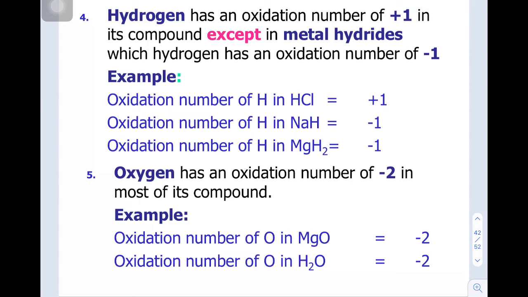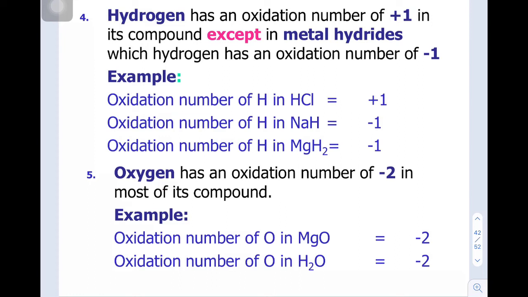However, if we have sodium hydride, with sodium metal attached to the hydrogen, the oxidation number of this hydrogen is now -1. The same goes for magnesium hydride, MgH2. The oxidation number of this H is -1. The fourth rule is on oxygen.